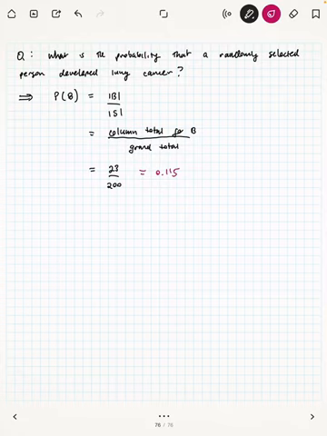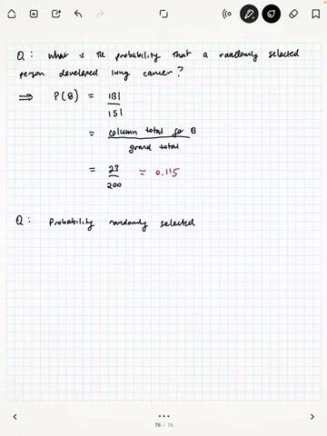Okay. And we can use probabilities for the addition rule this way. So, for instance, let's have another question. What's the probability now that a randomly selected person did not use e-cigs or developed cancer?